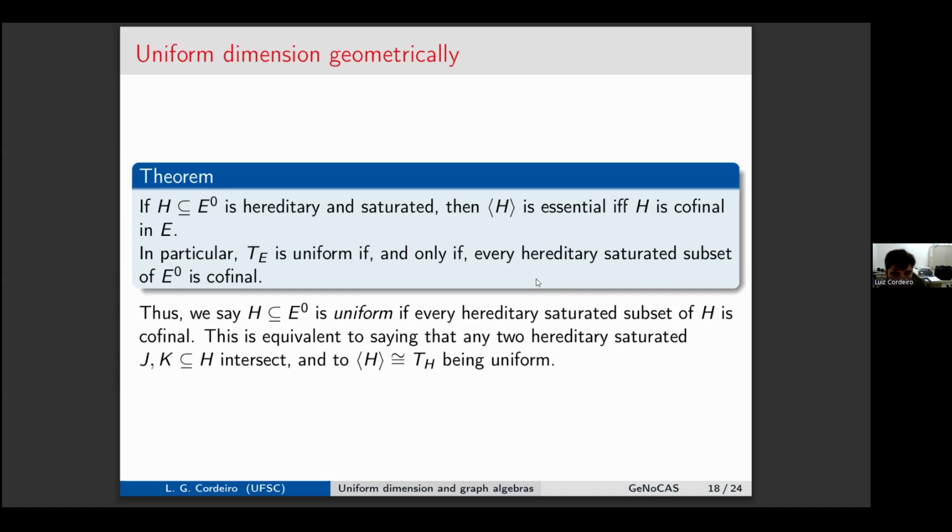And the second theorem classifies the essential ideals of the talented monoid in terms of the subsets of E0. So given a hereditary saturated subset of E0, the ideal generated by the subset is essential if and only if it is cofinal in the graph E. Does that mean it's a subset of the vertices regarded as a partially ordered set with the path order?